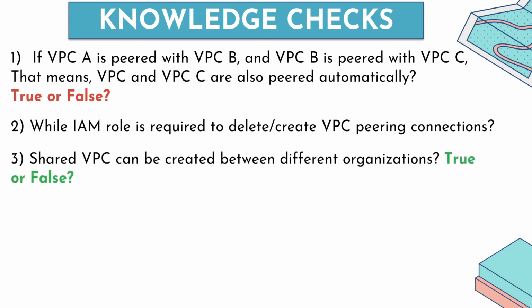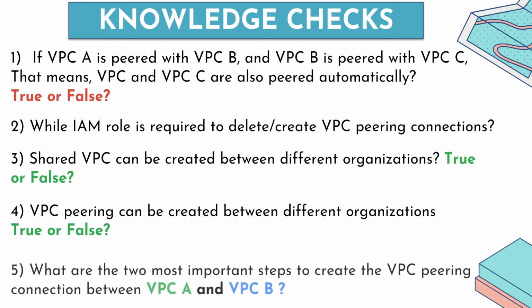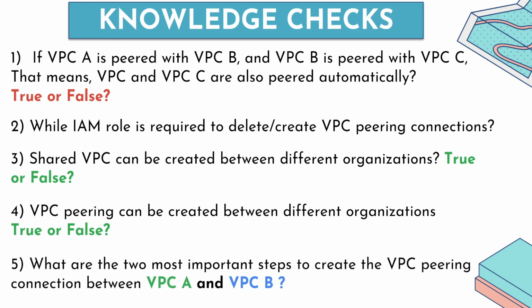Shared VPC can be created between different organizations. Is that statement true or false? VPC peering can be created between different organizations. Is that statement true or false? And what are the most important steps that you have to take to create the VPC connection between VPC A and VPC B? List down those two important steps.